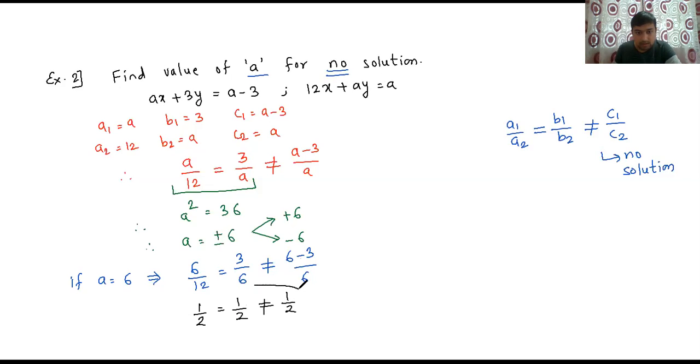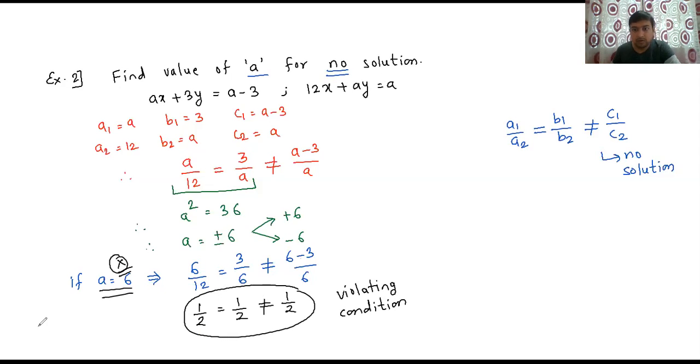That means A is equal to 6 is violating the condition. That means A is equal to 6 will not be your answer. So what will be other value? A will be equal to minus 6. So this will be your answer for no solution.